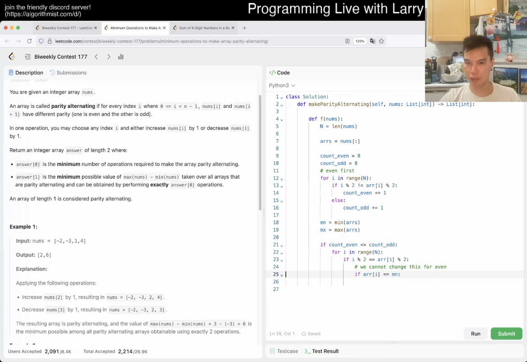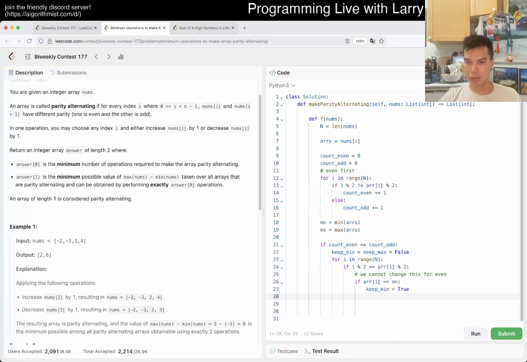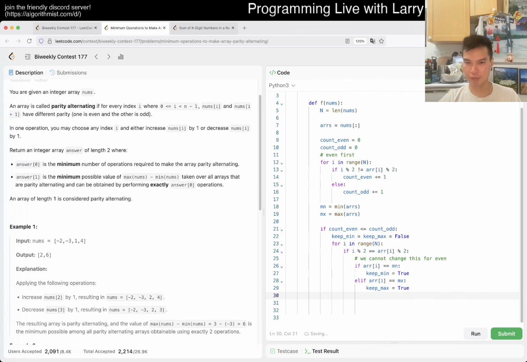So then we have to keep this. So keep min is equal to true. Else if, okay, right. So that's one possible thing.